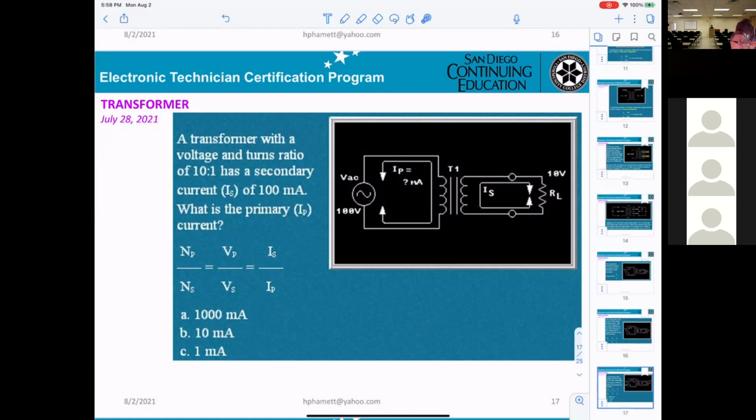So you get 10 over 1, right, equals IS over IP. And the answer is B, 10 milliampere. Exactly. If you do the calculation right, you get 10 milliamp. So IS over IP equals 10 over 1. Then you can calculate the IP.